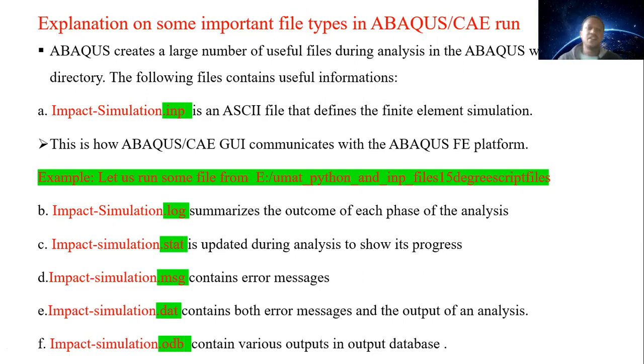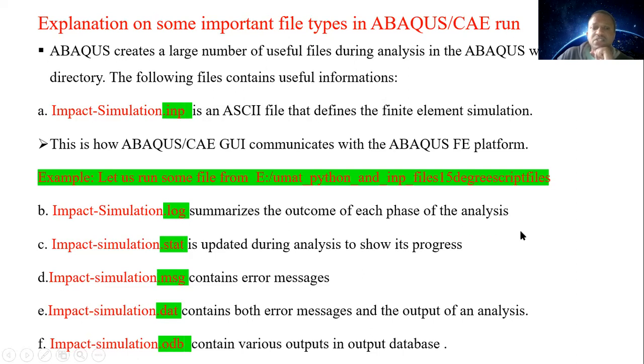This is how Abaqus CAE works. The graphical user interface communicates with the Abaqus FE platform. So for that, I have one file which is a Python script, the inp file, and also the UMAT file. So I can run that file after this. And also other files: the .log file is also there, which summarizes the outcome of the phase of analysis.